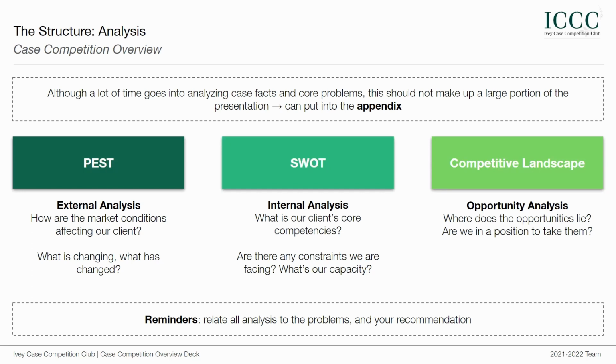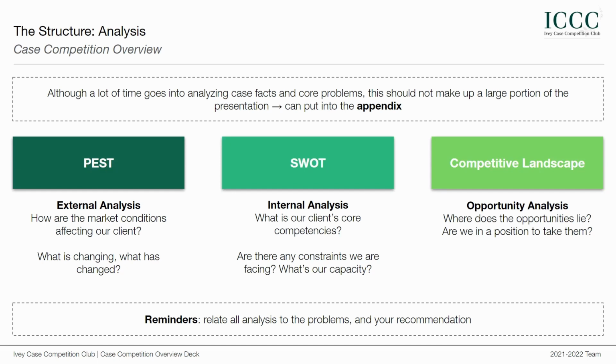In general, there are a ton of different ways in which you can go about conducting analysis during the case read-through. You can use frameworks such as PEST or SWOT. PEST is an external analysis marker where you evaluate different things. PEST stands for political, environmental, social, and technological, and it's used to measure general shifts in the industry that could impact your business and the situation.